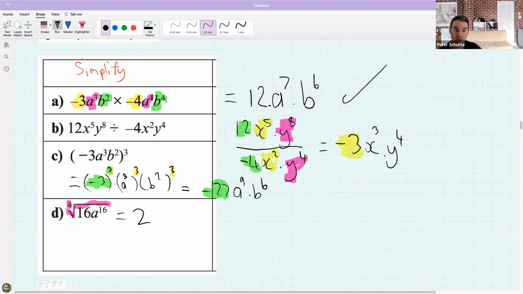Okay. You got a to the power of 4. A to the power of 4, sir. Perfect. So your final answer was 2 times a to the power of 4. Yes, sir. Perfect. Okay. Thank you, Inati.